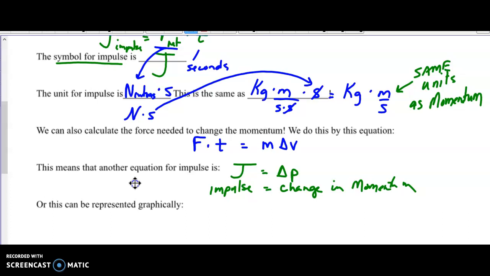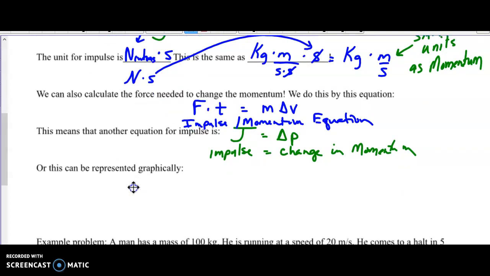They call this the impulse momentum equation. That's just saying those two are equal to each other during a collision. So we're talking about like when two balls would hit each other, or two cars hitting each other during a collision.